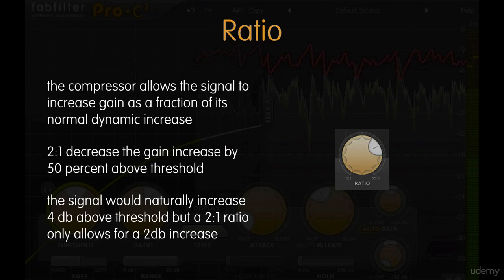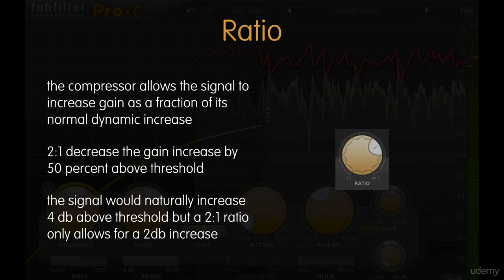A 1.5 to 1 or a 3 to 2 is typically the lowest ratio. Then we move to 2 to 1, which decreases the increase in gain above the threshold by 50%, and it's a light ratio. It still can be quite transparent, and it still keeps quite a bit of the dynamics.